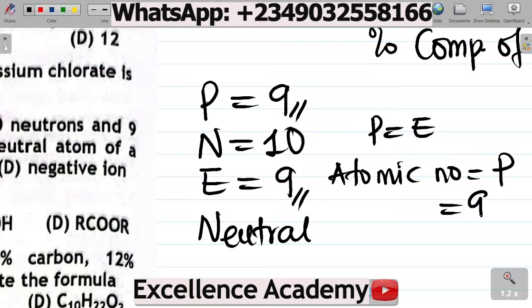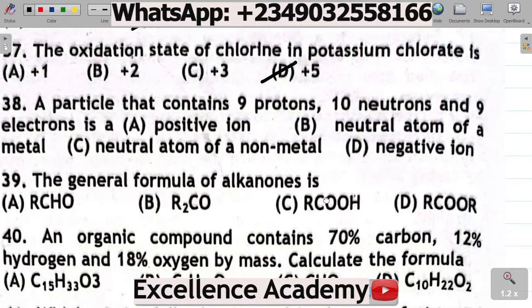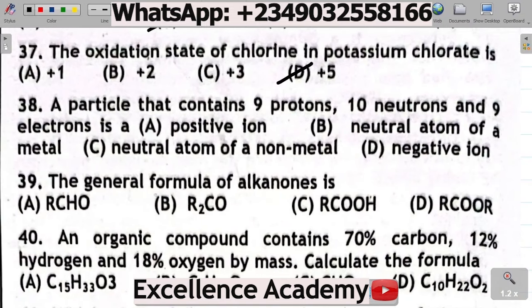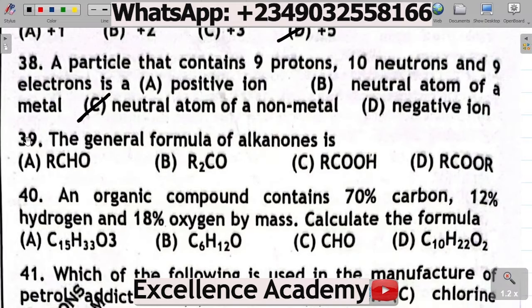All we have to do is check which element has its atomic number as 9. As we know, the element with atomic number 9 is fluorine, and of course, fluorine is a non-metal. So in essence, this is a neutral atom of a non-metal. The correct answer becomes C, the neutral atom of fluorine, a non-metal. That's the correct answer. Question 39.